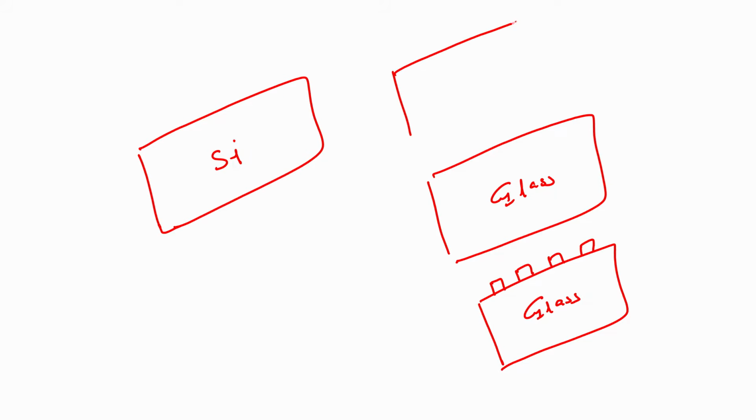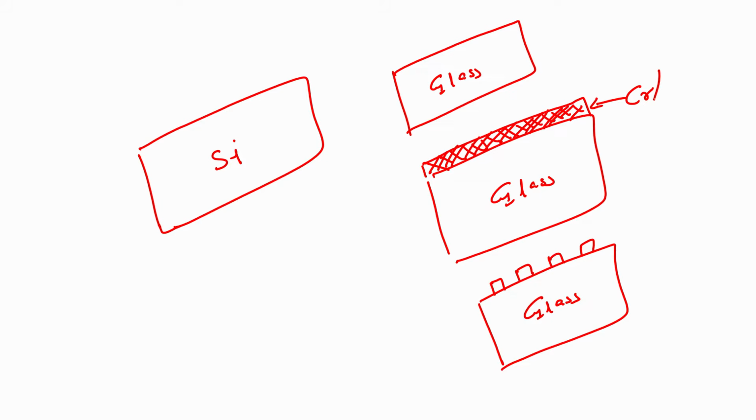So, if this is a glass, then I can deposit a metal, this is chrome gold, all right, this is glass, then you deposit a metal and then you perform photolithography to pattern this chrome gold to form interdigitated electrodes, right.